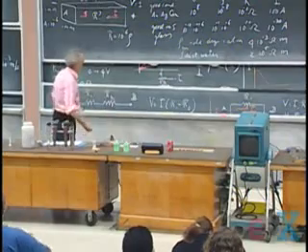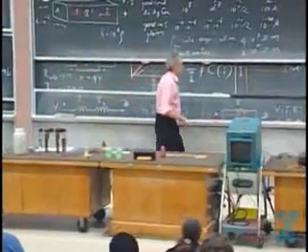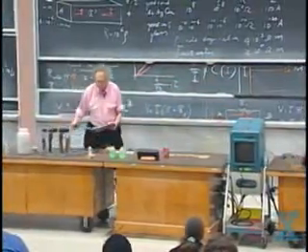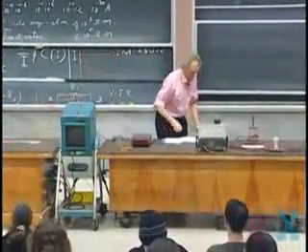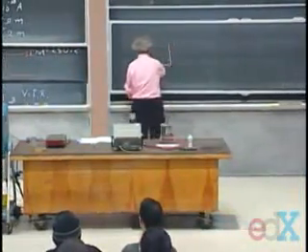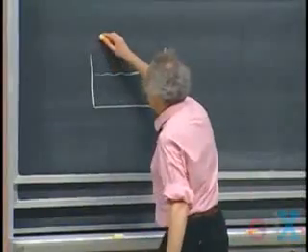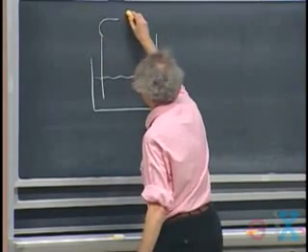I have here a bucket of distilled water. I'll make a drawing for you on the blackboard. So here is a bucket of distilled water. And in there is a copper plate, another copper plate, and here is a light bulb.